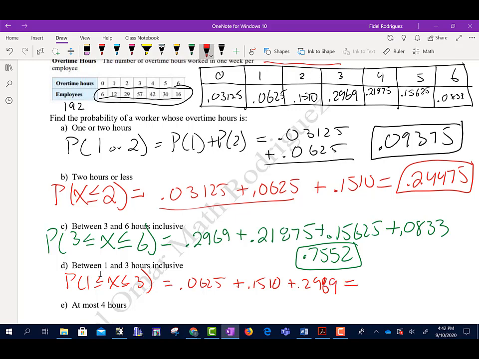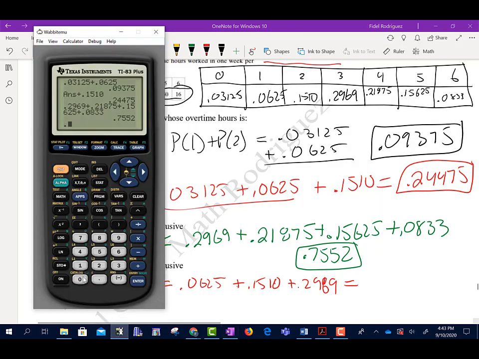Okay. So let's take a look here. Let me grab my calculator again. 0.0625 plus 0.1510 plus 0.2969. And I'm coming up with 0.5104.